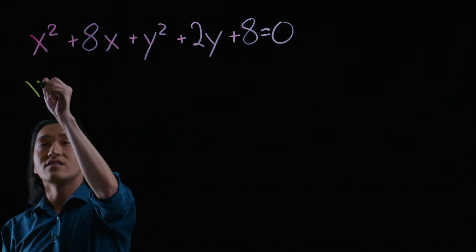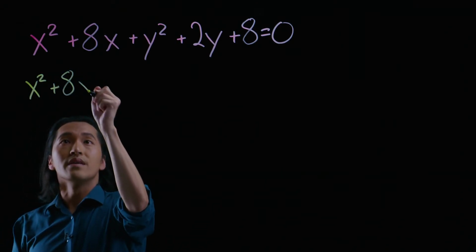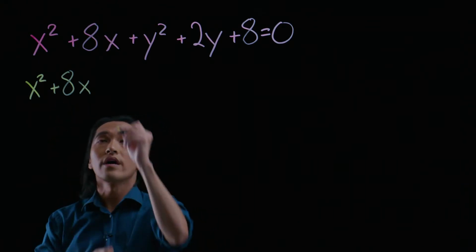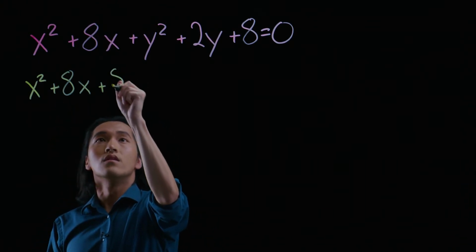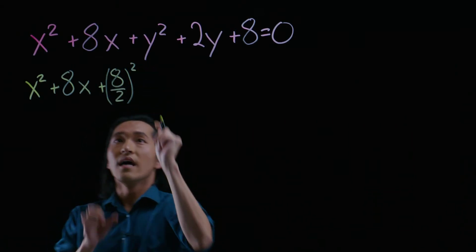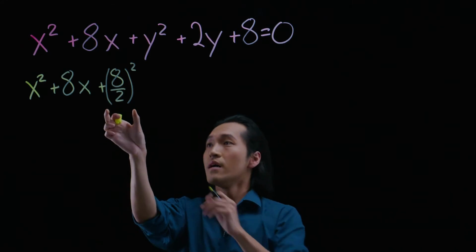So in this case, the b being 8, 8 divided by 2 squared. And we know that 8 divided by 2 is 4, and 4 squared is going to be 16.